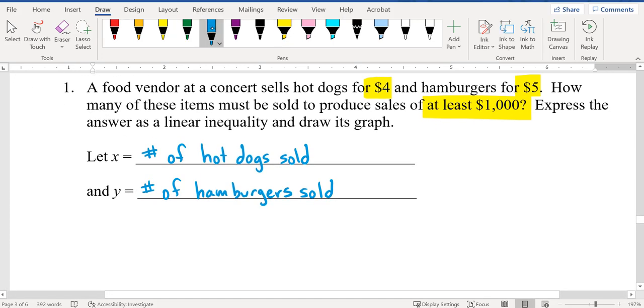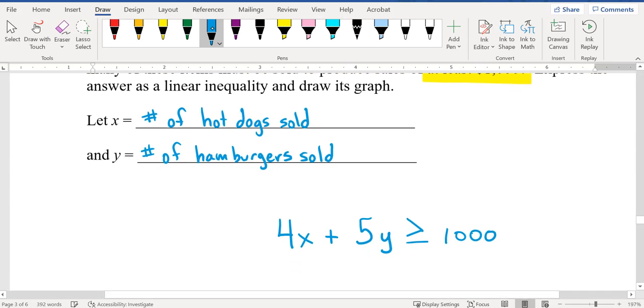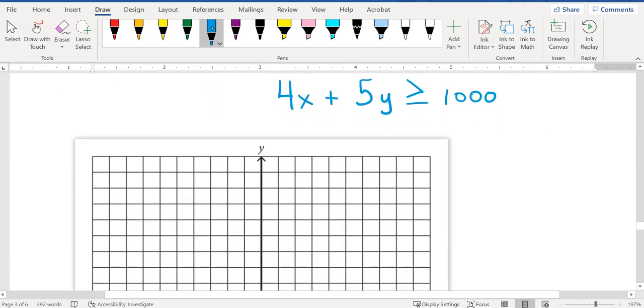If I sell X hot dogs for $4 each, and I sell Y hamburgers at $5 each, I want that amount of money to be at least, so greater than or equal to 1,000. There's my inequality that I need to graph.